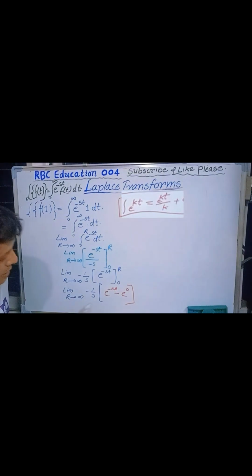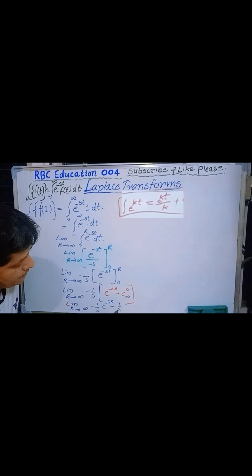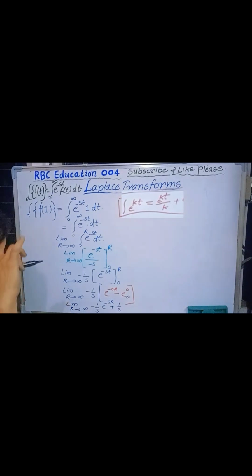Now we go for one more step, where the limit r tends to infinity. We multiply the minus 1 by this, giving e to the power of minus sr, and also by 1, that is 1 by s. So it becomes plus here and minus here. So this is nothing but 1 by s, because it was 1 here.